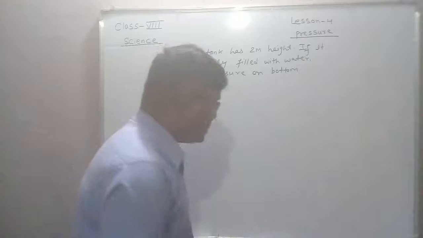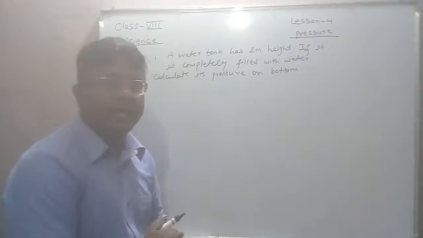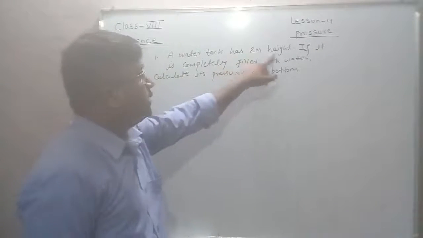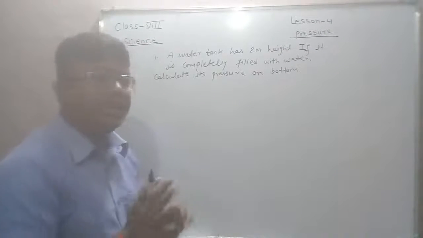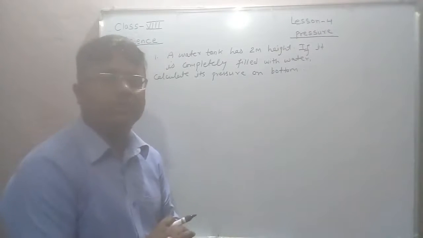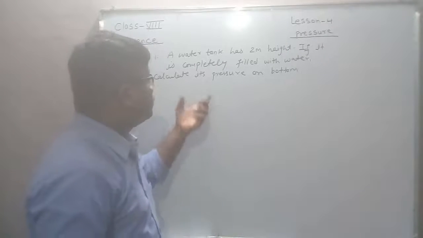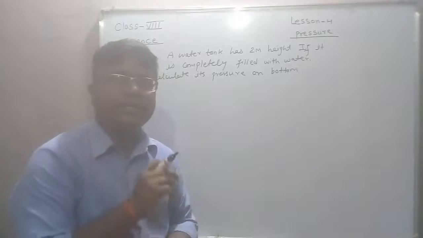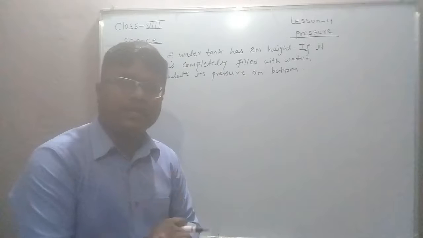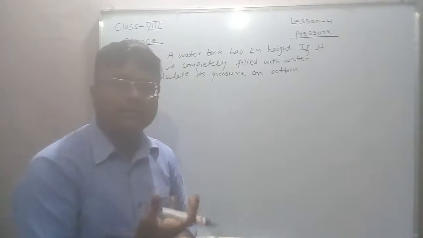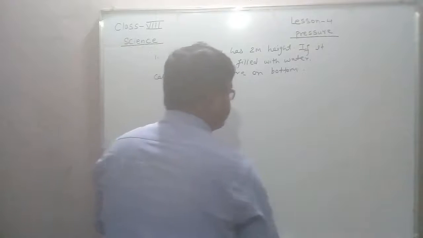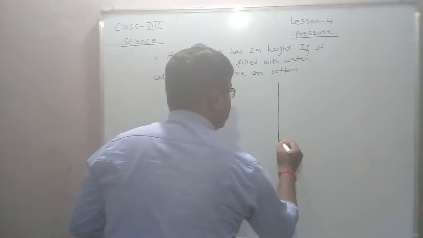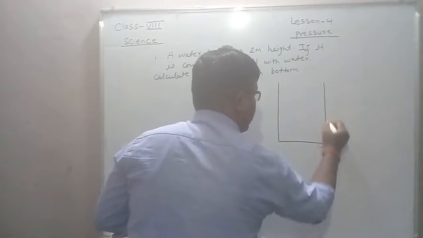So the question is this: a water tank has 2 meter height, and it is completely filled with water. We need to calculate the pressure exerted by the water on the base of the tank. For more clearness, I am making a tank here.